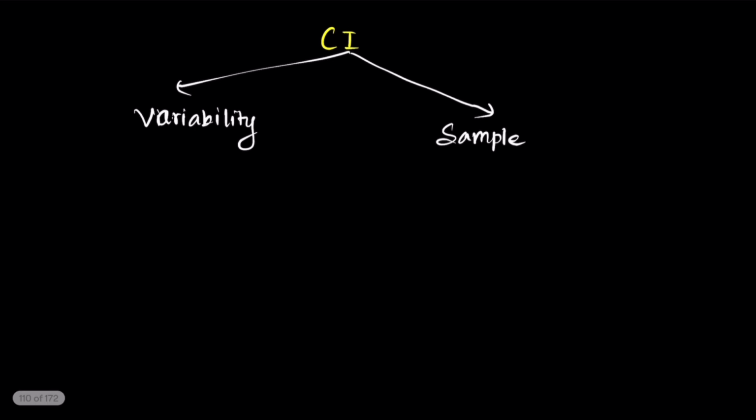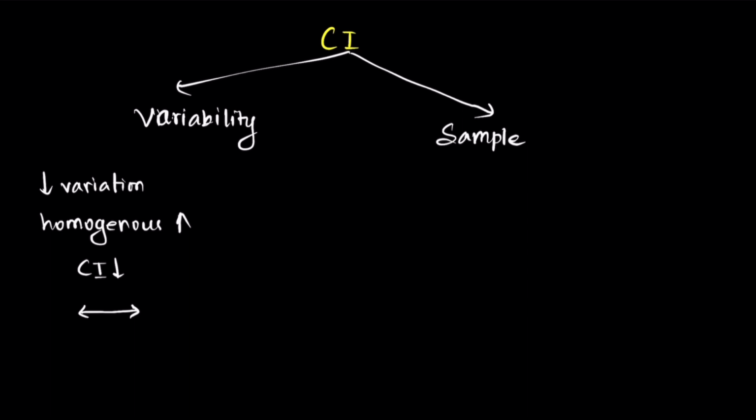See, the less variation there is within the population, or the more homogeneous the population, the smaller the confidence interval. The smaller the confidence interval, that means there is higher confidence of existence of what? Higher confidence of existence of the parameter within that interval. So we can say with more confidence that the parameter is present within this much.